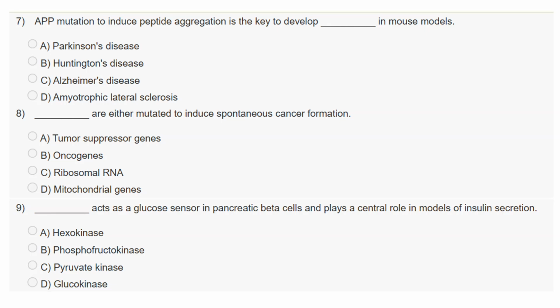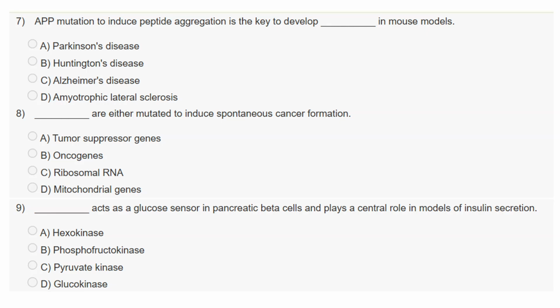And next is dash are either mutated to induce spontaneous cancer formation. What can that be? The answer to question number 8 is oncogenes, because oncogenes are cancer causing genes.